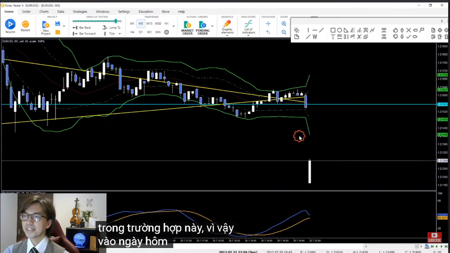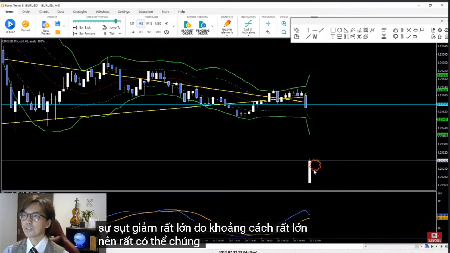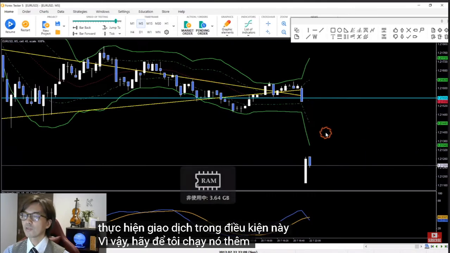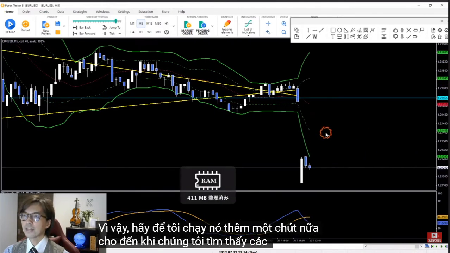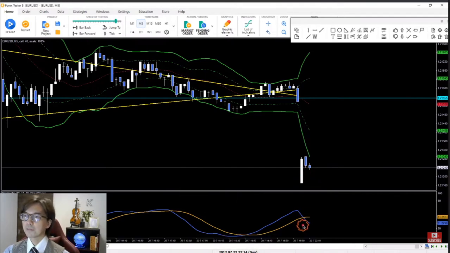So on the next day, there was a huge gap, huge drop. So most likely we weren't able to take trades in this condition. So let me just run it a bit more until we find other confirmations. So now we have the stochastic dead cross happen. Stochastic dead cross, and the price all the way below these previous candles.